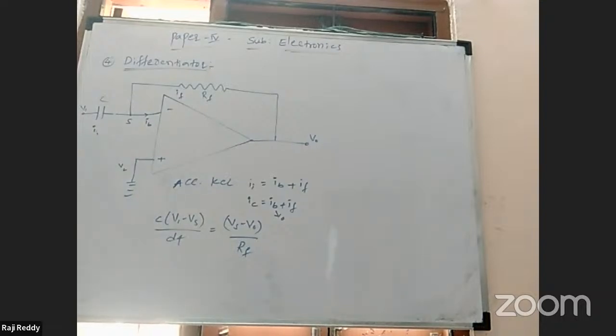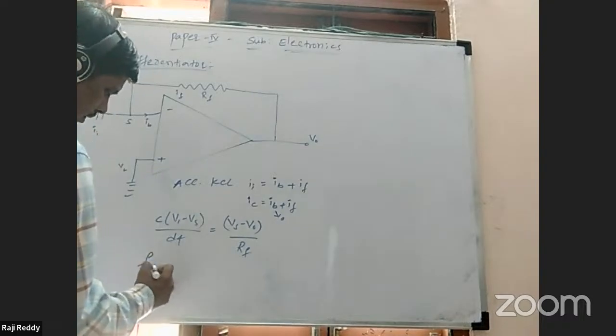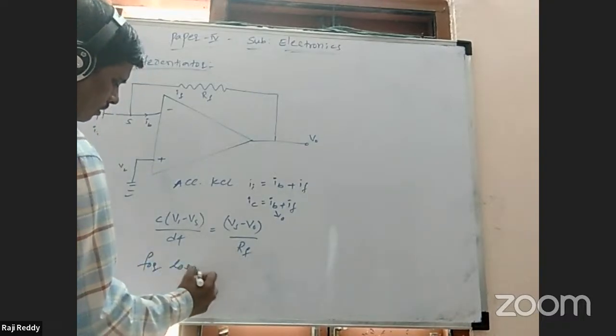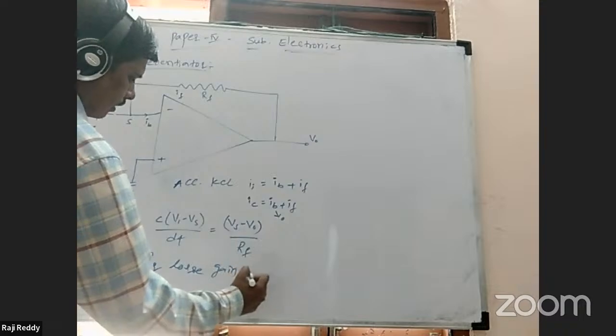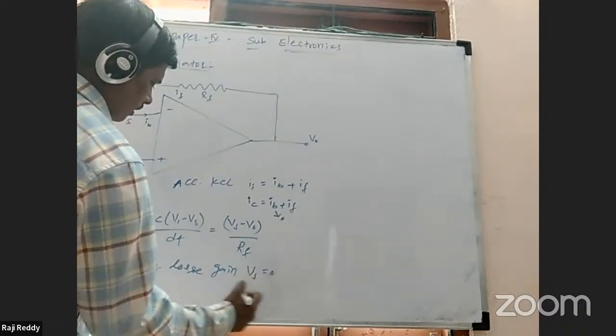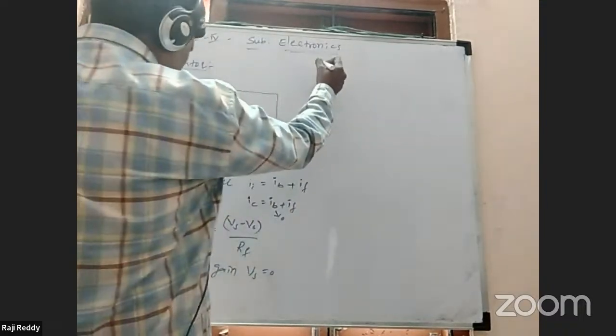If in case Vs also becomes zero, then you can observe, for large gain, Vs is equal to 0. Then you can rearrange this equation. I'm writing here.